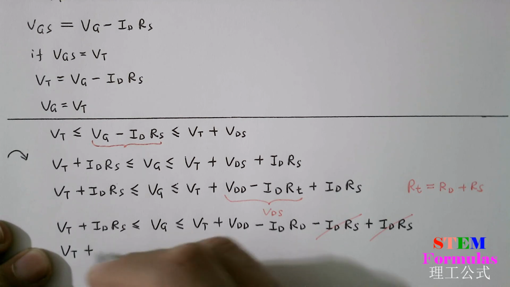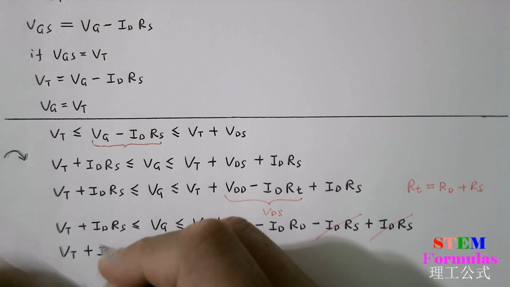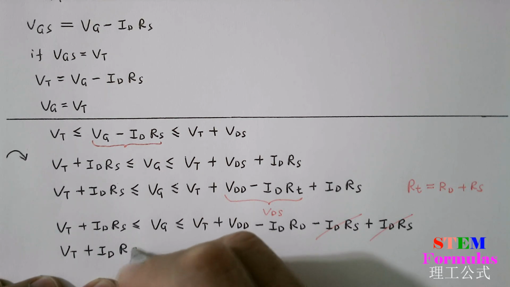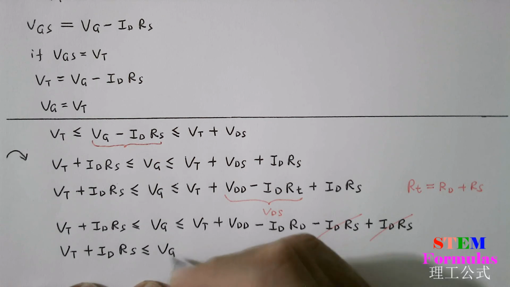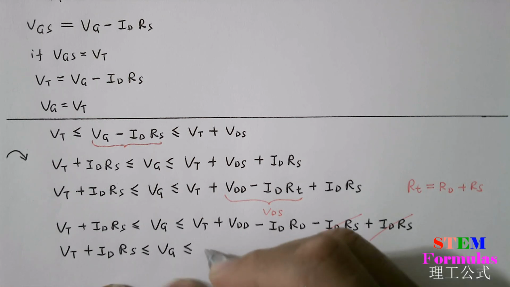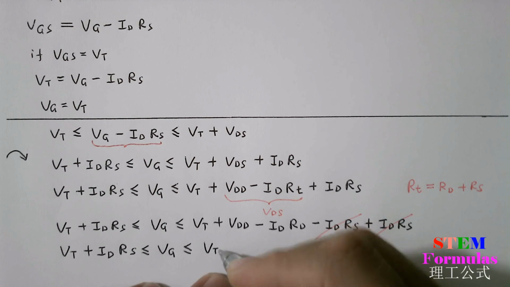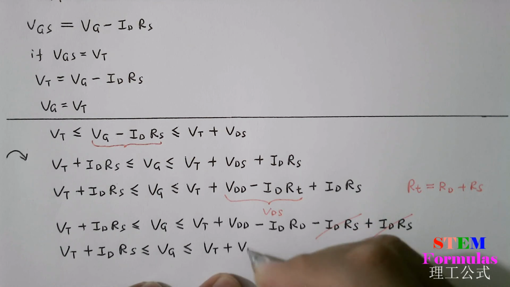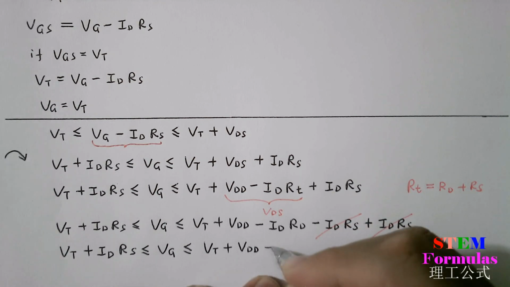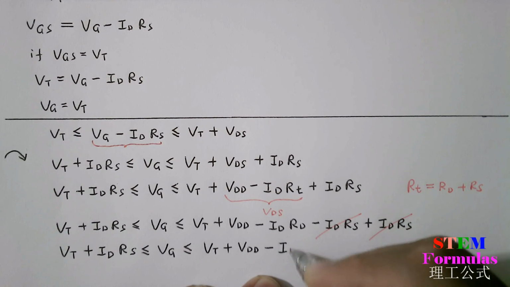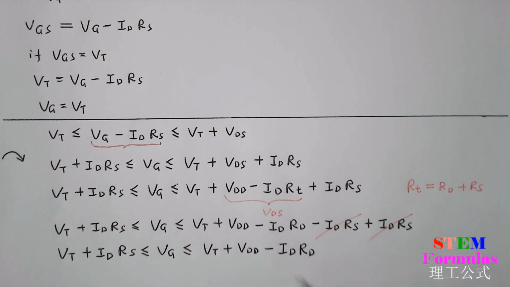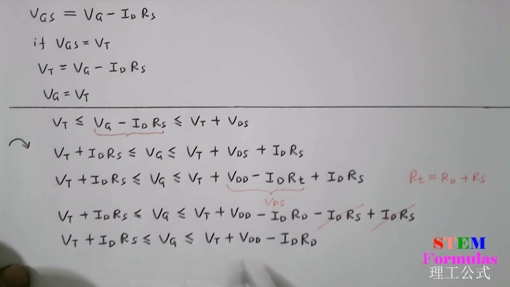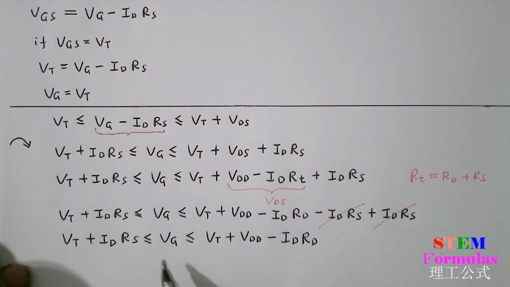So finally I get VT plus ID RS smaller or equal to VG, smaller or equal to VT plus VDD minus ID RD. This equation is the equation VG has to satisfy.